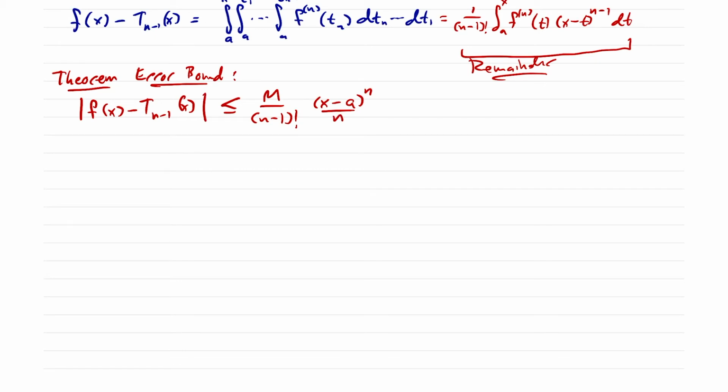Yeah, so that should work out. So ultimately, it should be divided by n factorial. All right, the proof of that is pretty easy, and we should also say where M is equal to the maximum value of the absolute value of the nth derivative of f at x for x in the interval that we care about. So we'll just call this the interval AB.